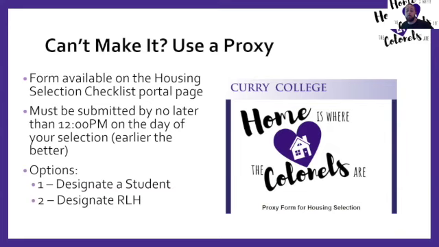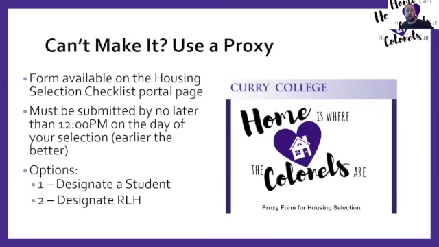All selections made by your designated proxy are final. Should your designated proxy fail to show up or fail to choose a room for you, you will not be guaranteed space on campus during the upcoming year. Any selection made by a designated student proxy will be the final choice for your selection.